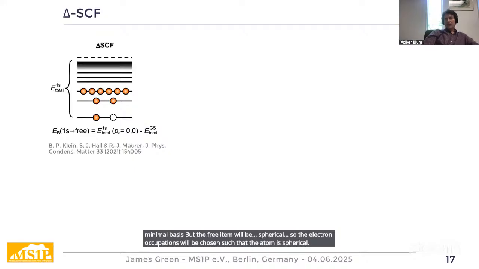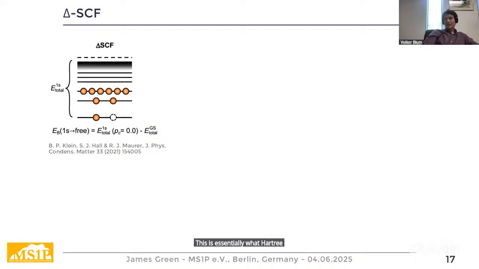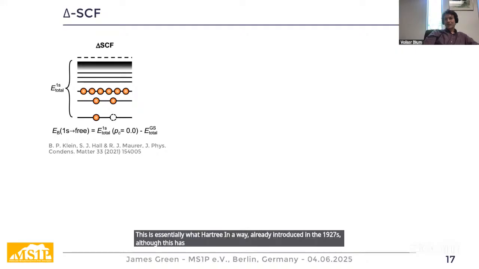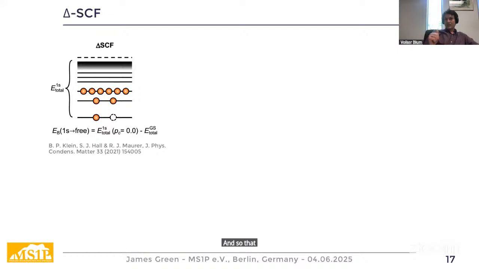This is essentially what Hartree, in a way, already introduced in the 1920s, although it has advanced in terms of numerics and stability. But these solvers are very well established, and that's how we calculate the atomic solutions, also the hydrogen-like solutions, also ionic basis functions.